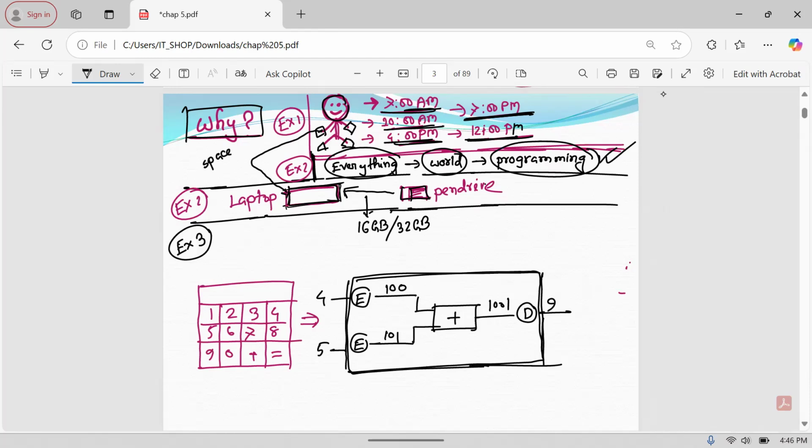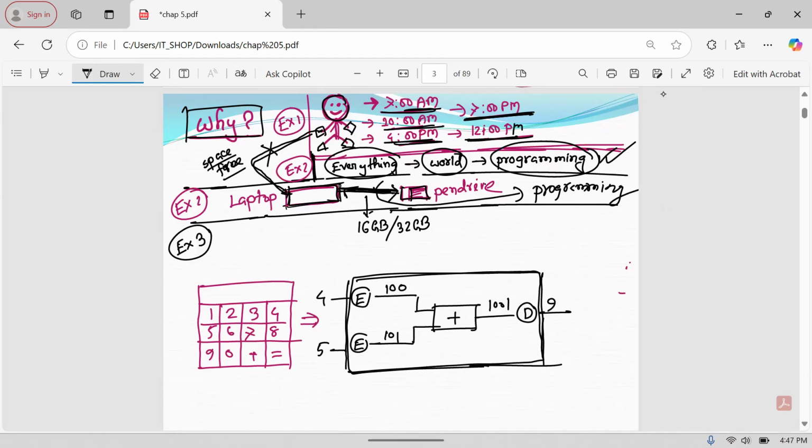Obviously not. That means this laptop is not able to recognize you. This laptop is able to recognize the pen drive, which means there must be a relation between them, and this relation can be established by using the programming language.